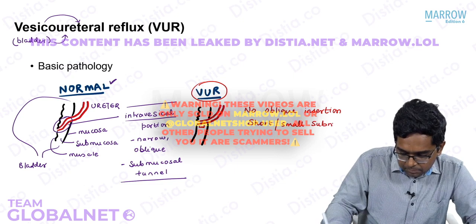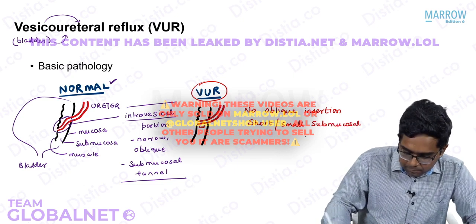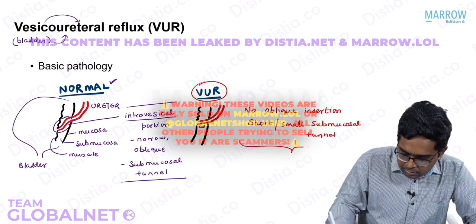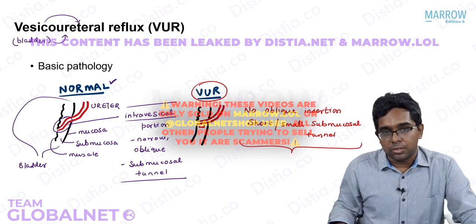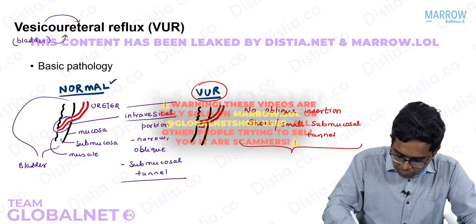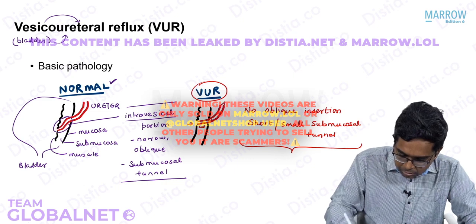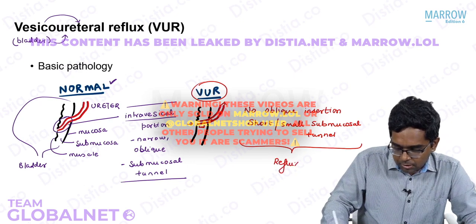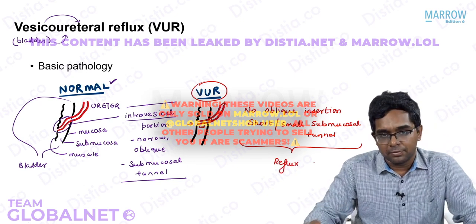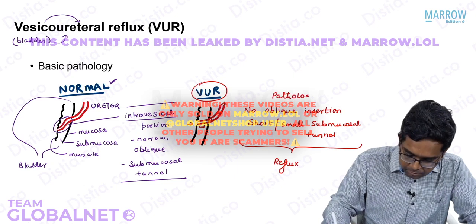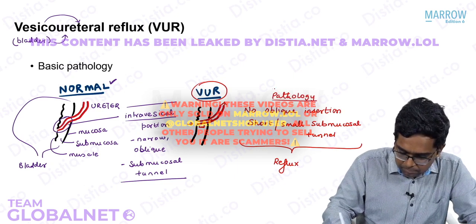Now, because of these two reasons, whenever there is micturition or contraction of the bladder, the urine will flow back from the bladder into the ureter. This is the reason for reflux to occur in vesico-ureteric reflux. So this is the basic pathology that one should know about.